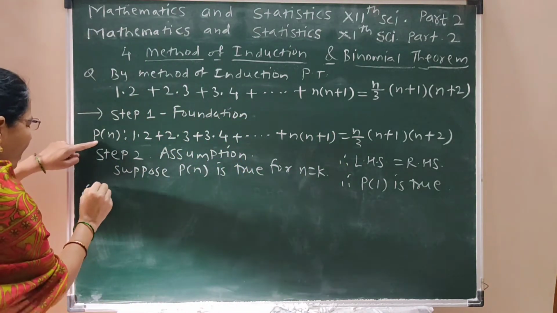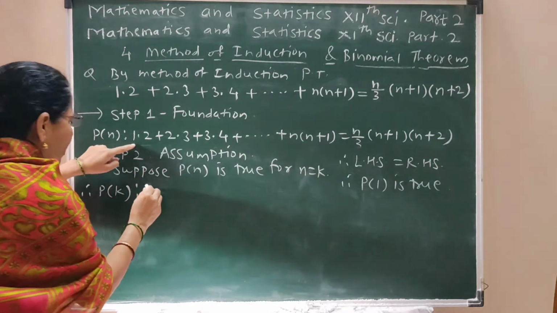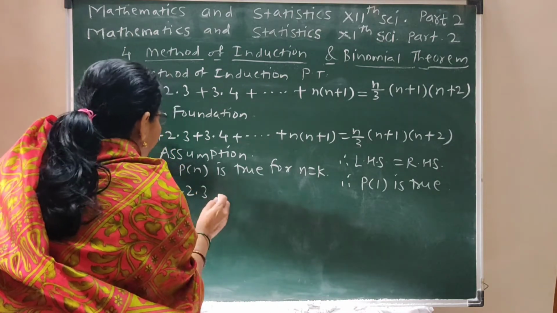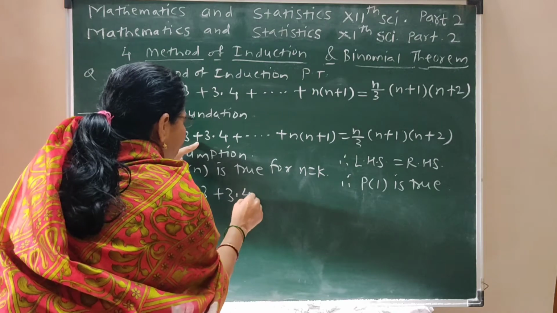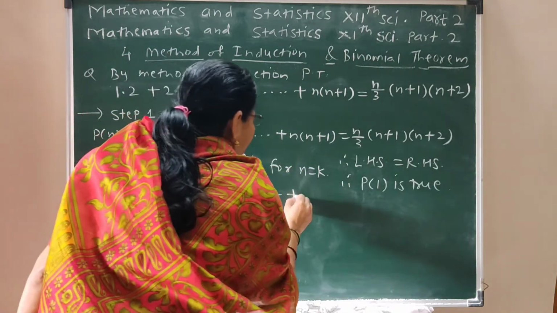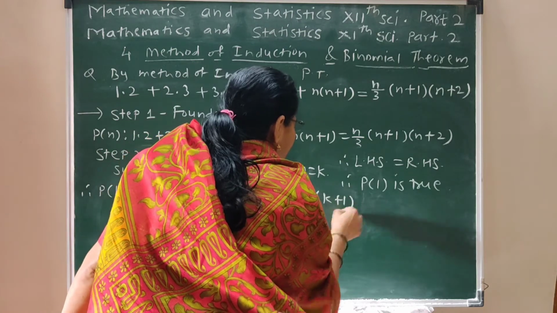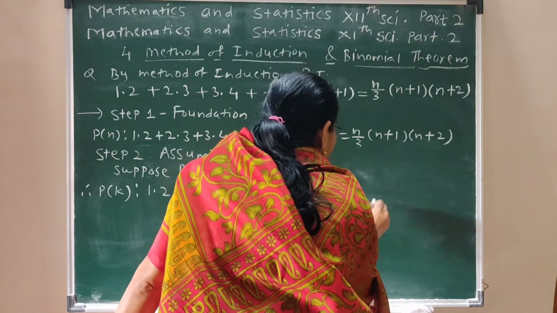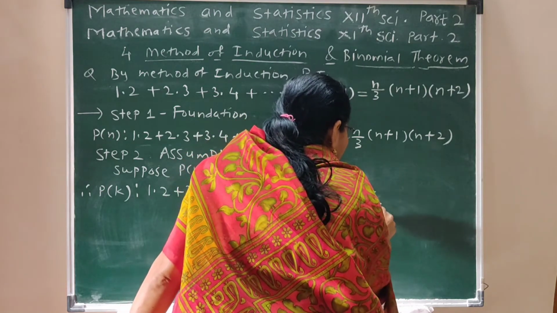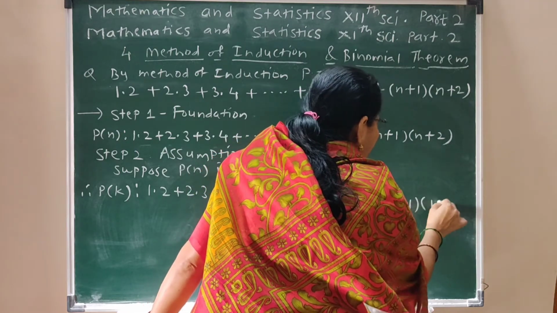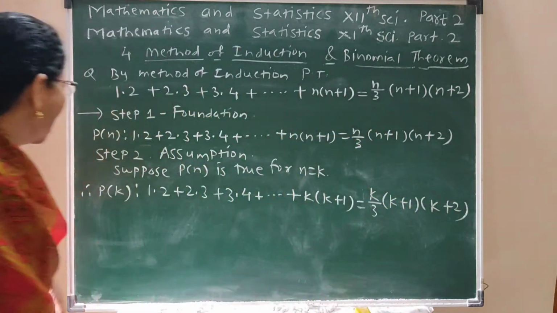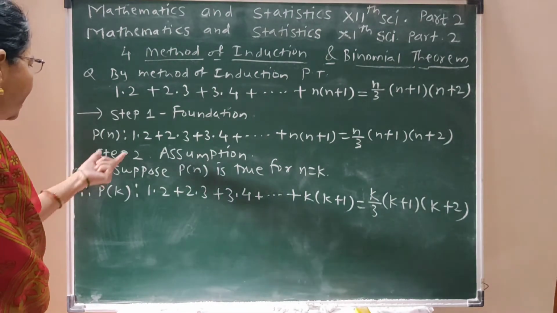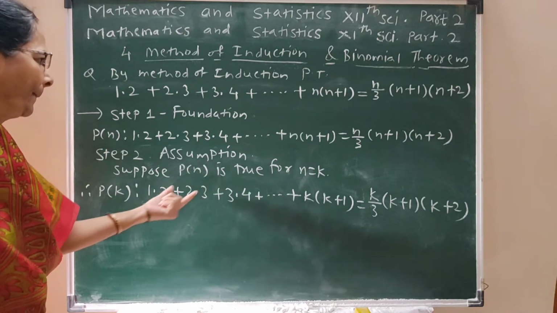Therefore Pk: 1 into 2, 2 into 3, 3 into 4, ... plus k into k plus 1 is equal to k by 3, k plus 1, k plus 2. That means in this statement where there is n, write k.